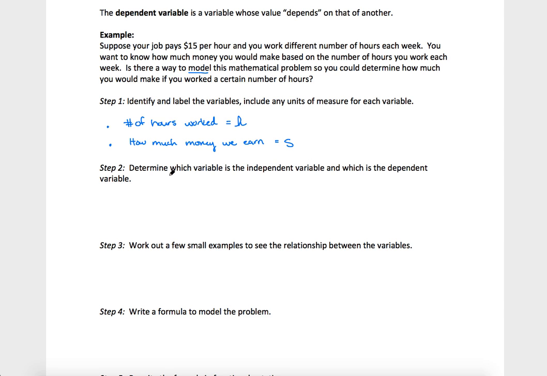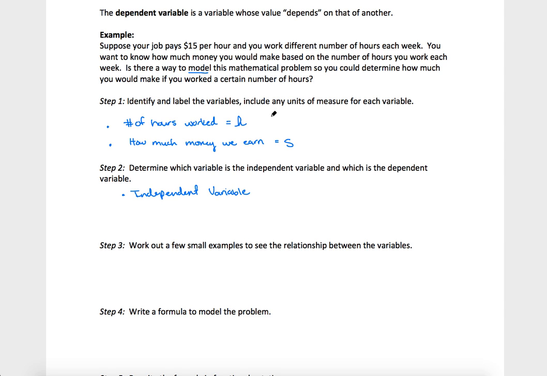Now let's determine which one of these variables is the independent variable and which one is the dependent variable. So the independent variable does not depend on another variable. So we want to ask ourselves, does the number of hours we work depend on how much money we make? Or does how much money we make depend on the number of hours that we work?